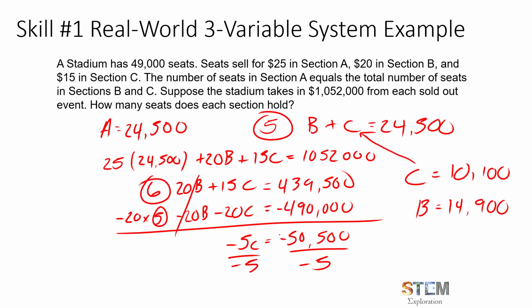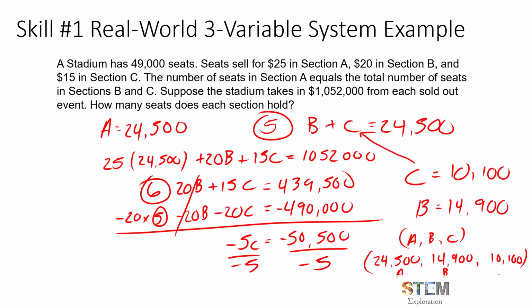And now with all the pieces of information together, if I make A, comma B, comma C my ordered triple, my combination for the seats present would be 24,500 for section A, 14,900 for section B, and 10,100 for section C.